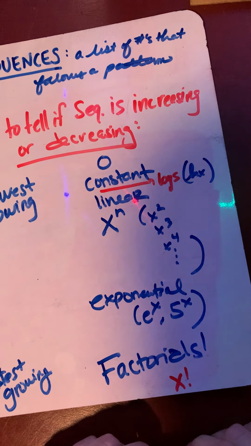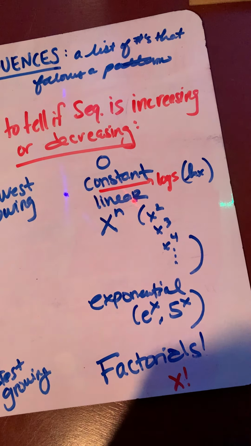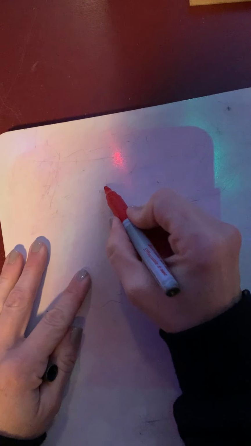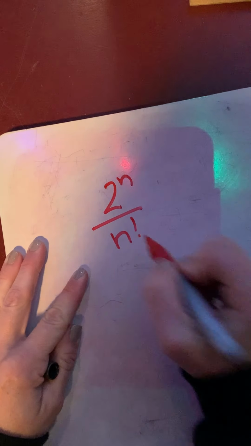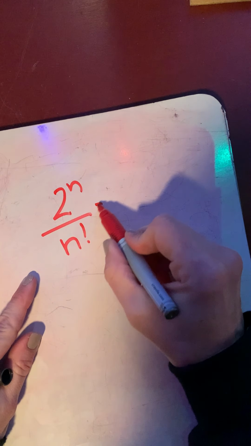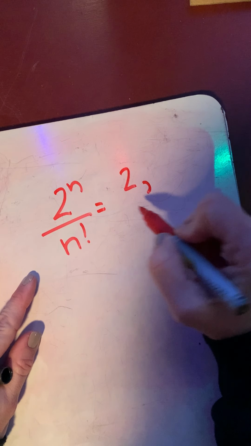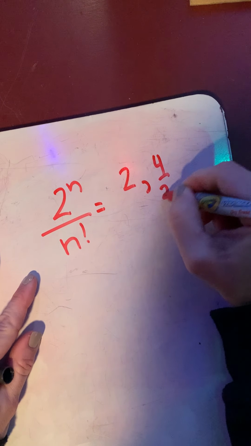Okay, so now when you compare stuff, you can use this little list. If I said take this sequence, 2 to the n over n factorial, you can get yourself terms of that sequence if you want. You can plug in 1, you're going to get 2. Plug in 2 and you're going to get 4 over 2.